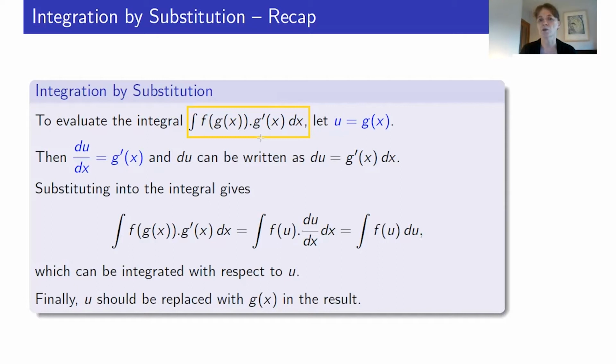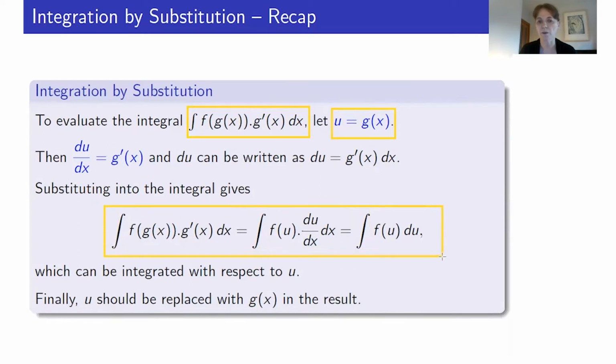And what we're going to do is rewrite that integral to be an integral with respect to u instead of with respect to x. We can do that by letting u equal the inner function, g of x.